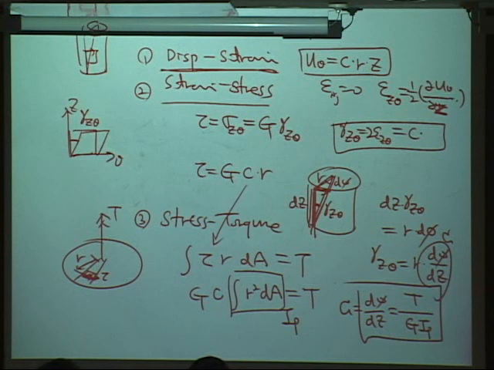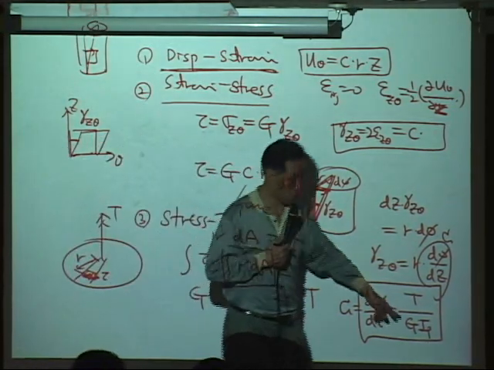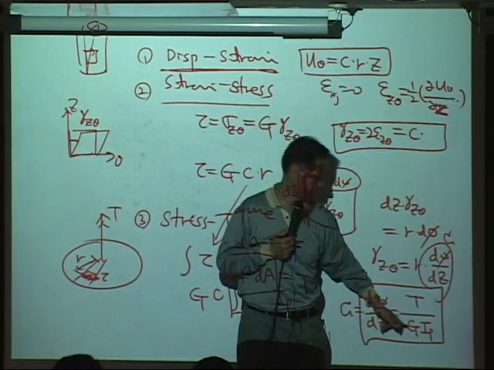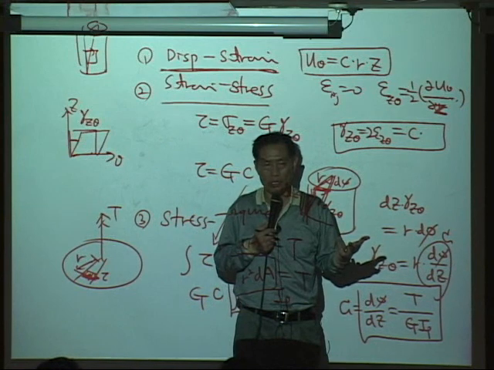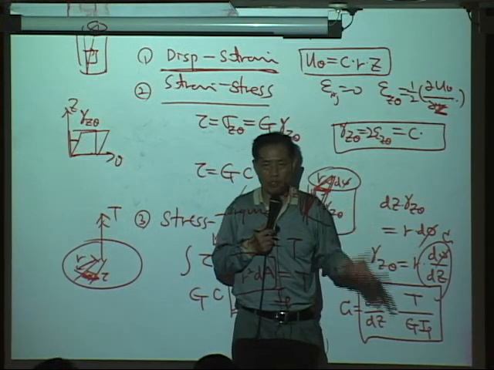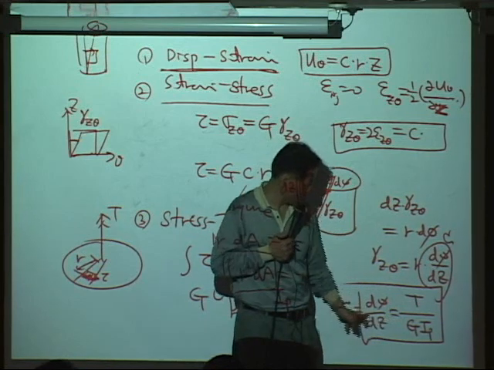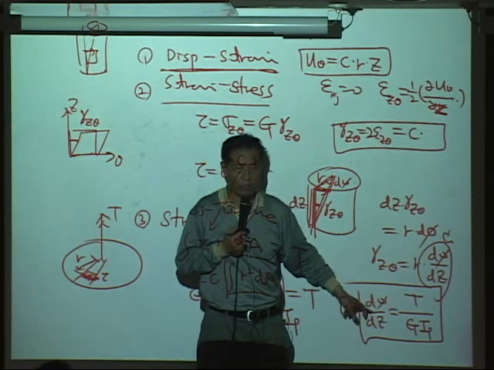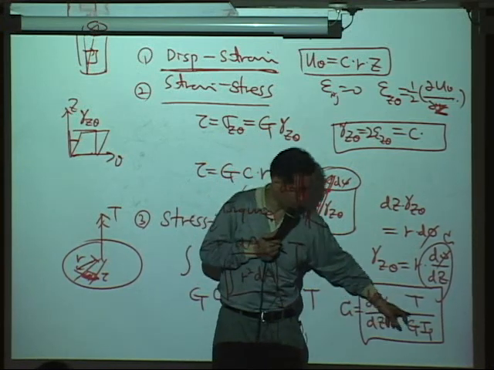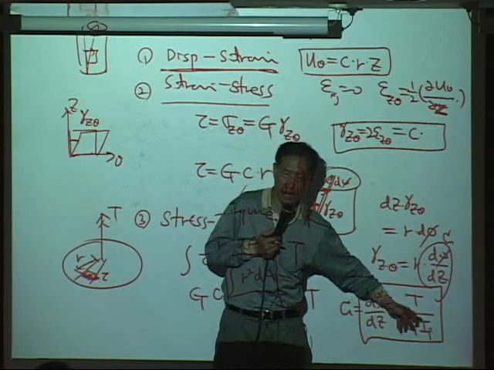That was unknown. Now we have it, expressed in terms of torque T. T is known, G, the material property, is also known, and IP, the polar moment of inertia, is also known. So d phi over dz, the twisting rate with respect to z, can now be represented in terms of T, G, IP.